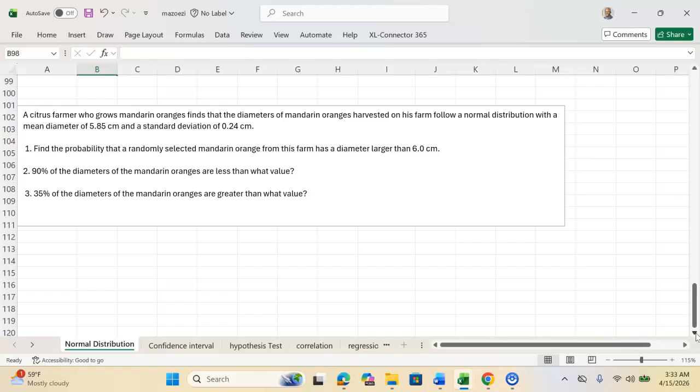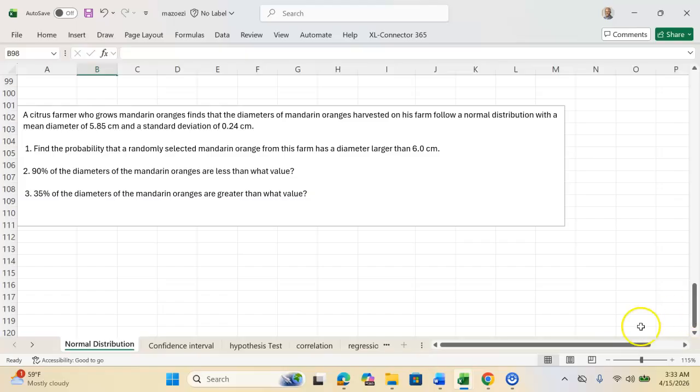So we're supposed to find the probability that a randomly selected orange from this farm has a diameter larger than 6, and then we work on the 90% and 35% as we worked on the question above.